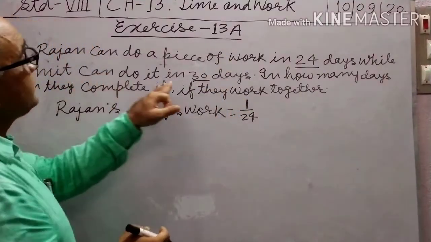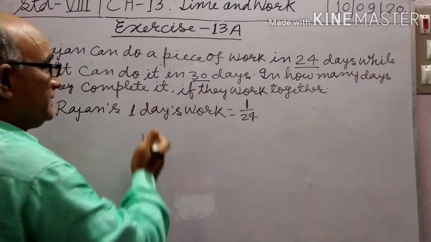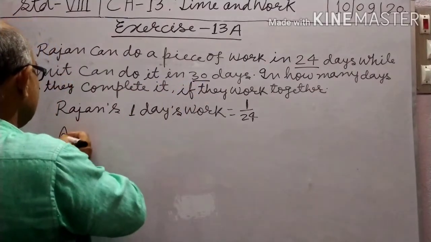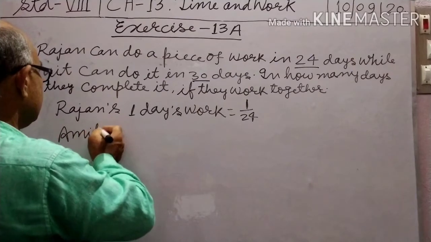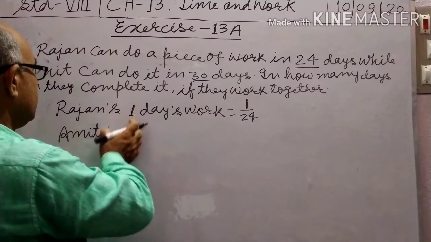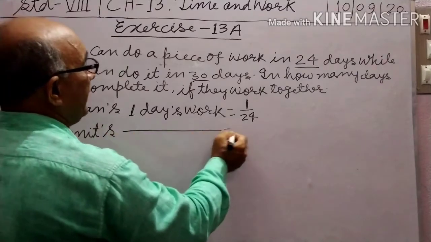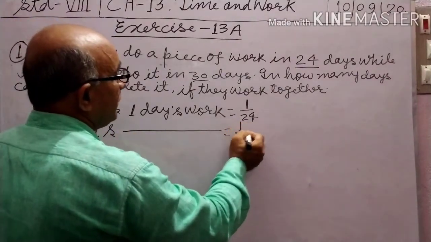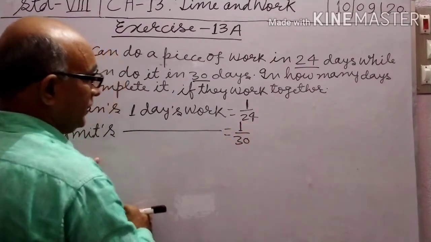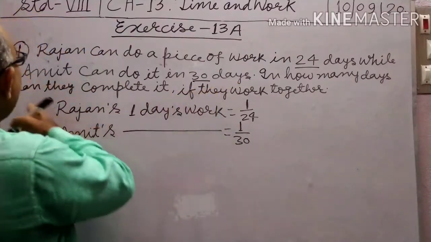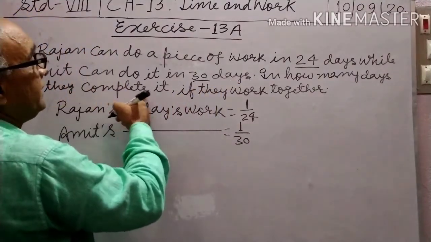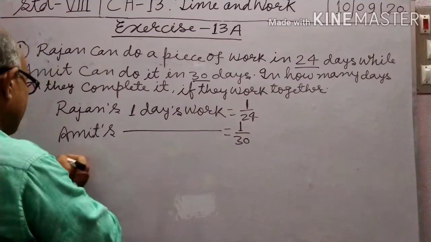Next, Amit can do it in 30 days. So Amit's 1 day's work equals 1 by 30. In how many days can they complete it if they work together?